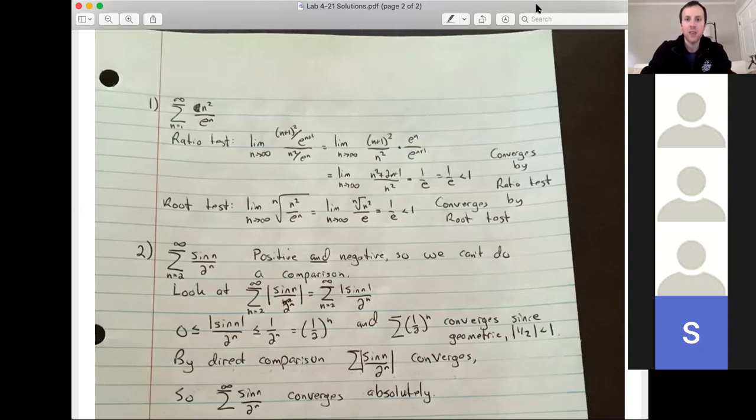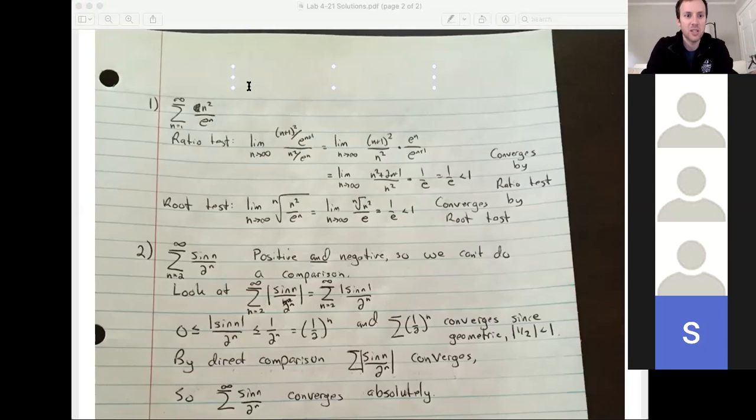If you try that out, I don't think it ends up working, because if you're going to compare it to something, you would guess 1 over e to the n. E to the n is much bigger than n squared. So you'd say, let's think about if this looks like 1 over e to the n, which is geometric.